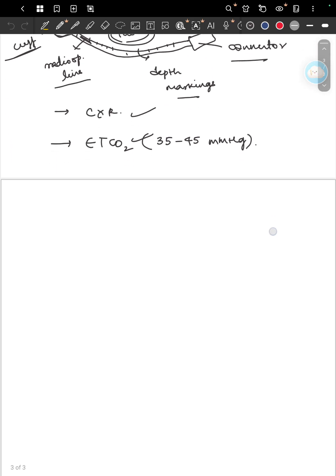Now we'll be talking about sizes of the intubation blade and ET tubes. Coming to intubation blade sizes, as we saw in LMA, sizes were like this: male, female, children, so we went in a decreasing order, right?